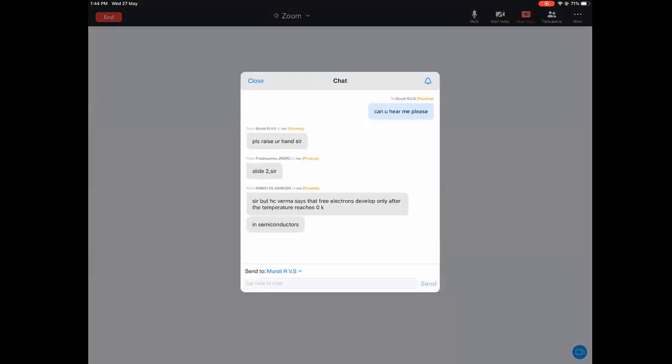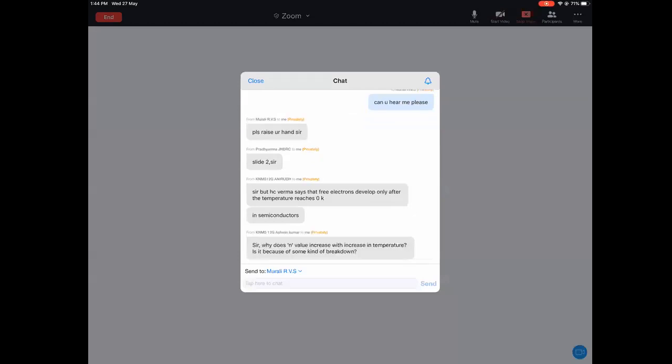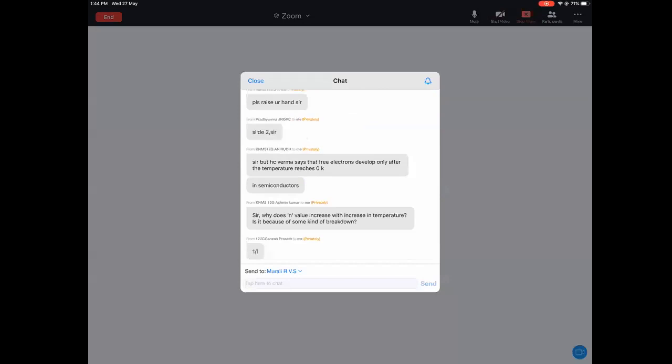Sir, but H.C. Verma says that free electrons develop only after the temperature reaches 0 K in semiconductors. I have to check it up, Anirudh. I have no idea. I don't think it is true. There is something that you are missing. I have to check up what H.C. Verma is saying.